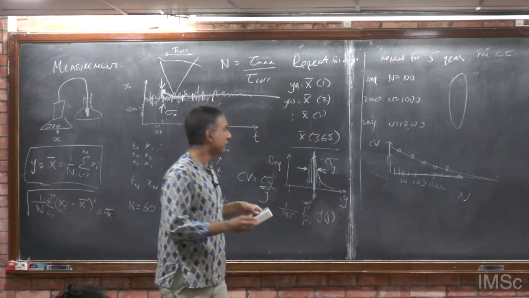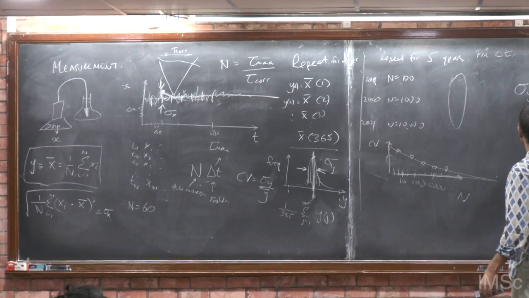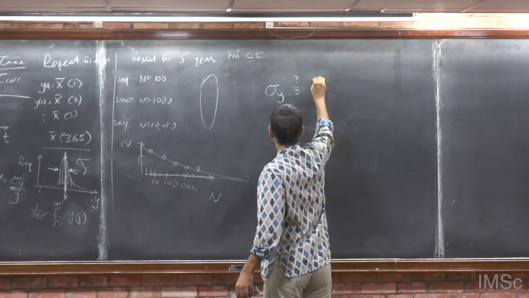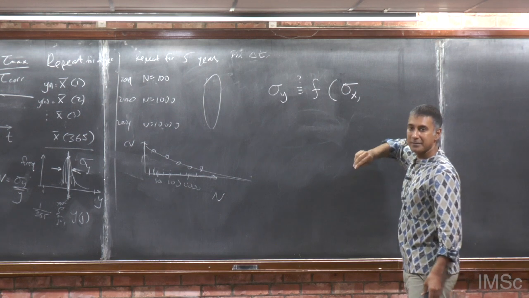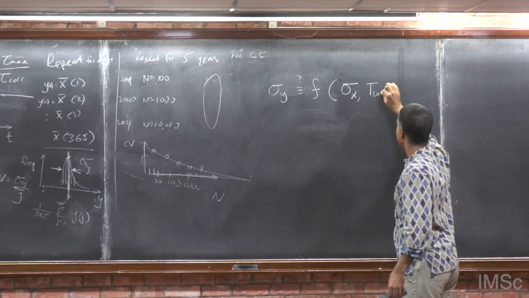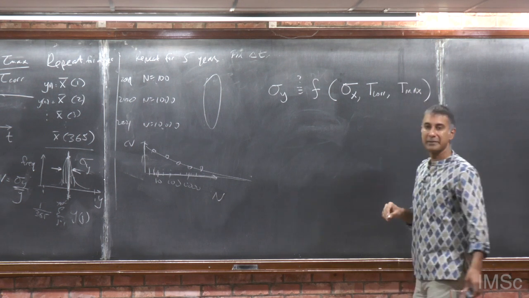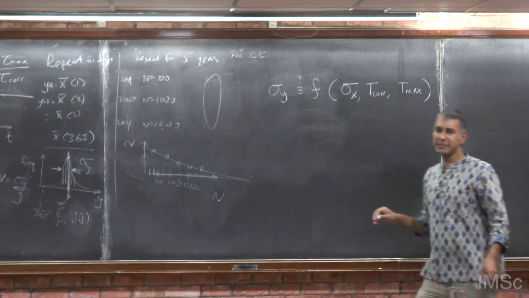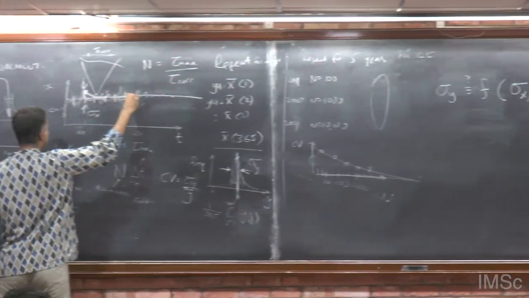Okay? So I want a formula now. I want a formula for how sigma y depends on sigma x, and t core and t max, where sigma x is measured in a very sloppy way by whatever time interval you choose to make on the first day.